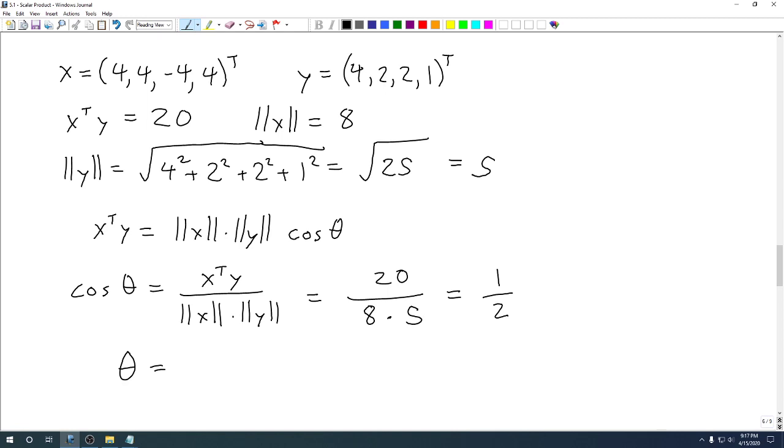We could look at other angles if we wanted to, but we don't actually have to go outside of that range most of the time. So, what angle has a cosine of 1/2 between 0 and pi? It's pi over 3. Or if we want to say from 0 to 180, it's 60 degrees. Same thing.